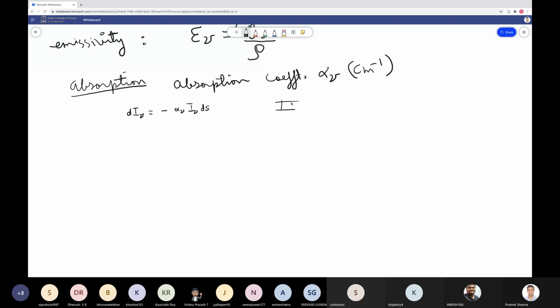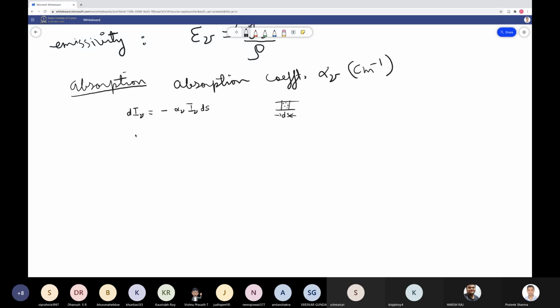If you consider this path ds along the beam, there are atoms or molecules or absorbers along the path. So the photon energy can be absorbed by matter along the path length, and that's quantified by this absorption coefficient.